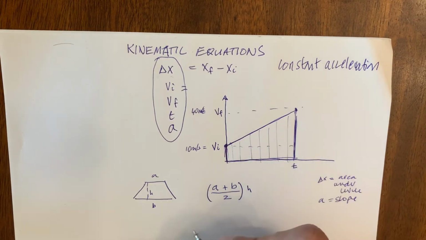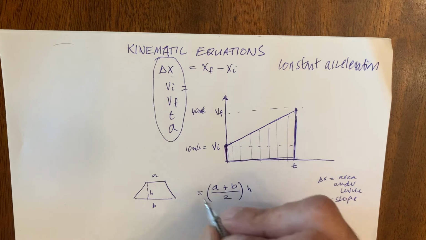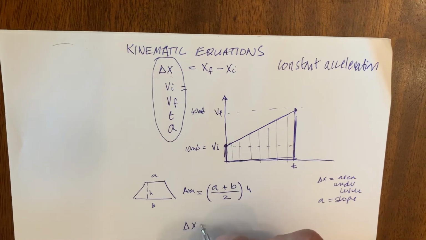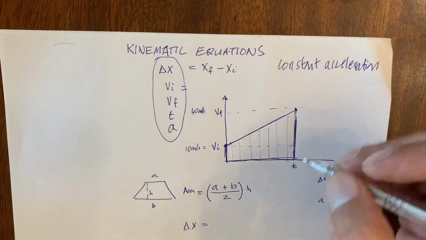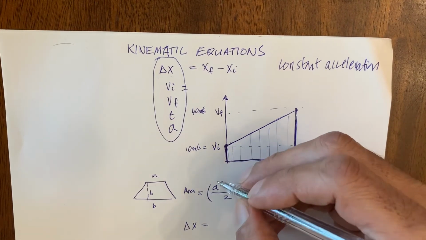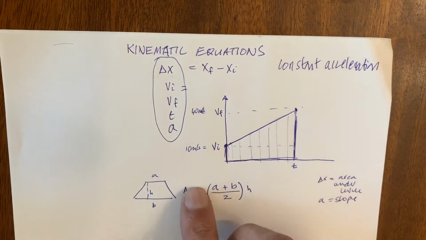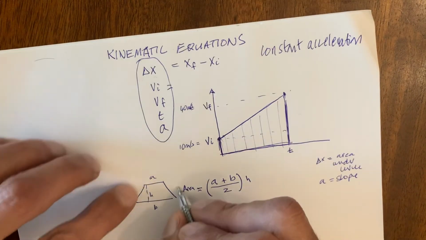We're going to say that the displacement, because that's supposed to be the area, will be (A plus B) over 2 times h. A and B are the 2 different heights here, which you can see if you look at the trapezoid turned sideways.